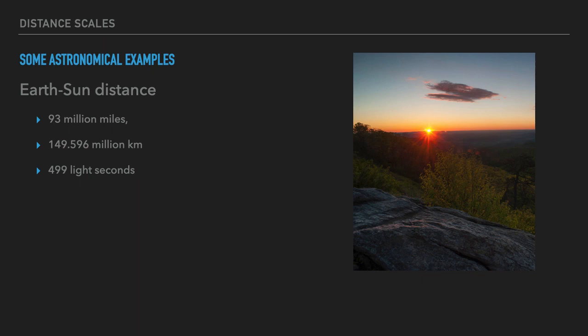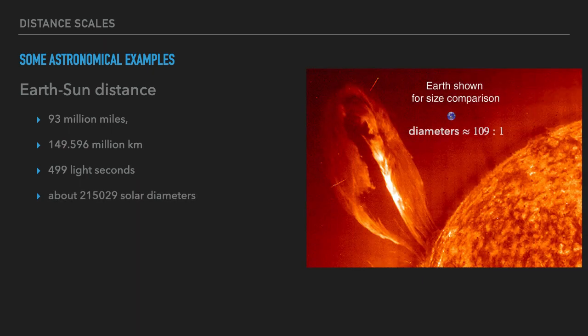Now, if you think about diameters, however, the distance is about 215,029 solar diameters. Over here on the right is another diagram that people at NASA put together.